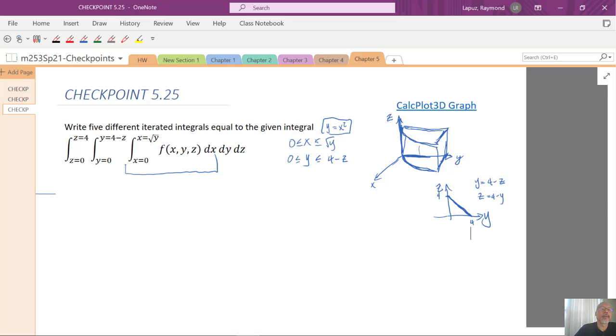Alright, now we want to recreate that drawing. I'm going to draw this in a different color. And by the way, z goes from 0 to 4.